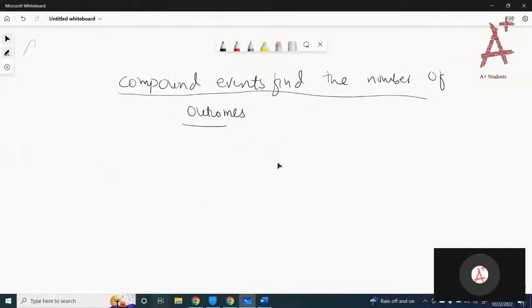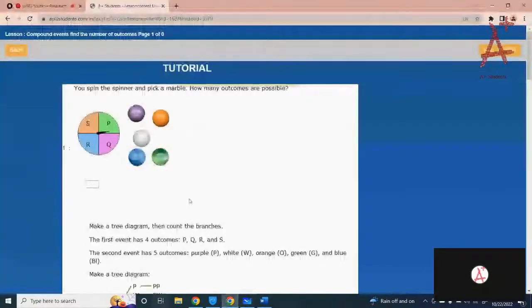Okay, let's start with examples. You spin the spinner and pick a marble. How many outcomes are possible? Got it? So you spin a spinner.